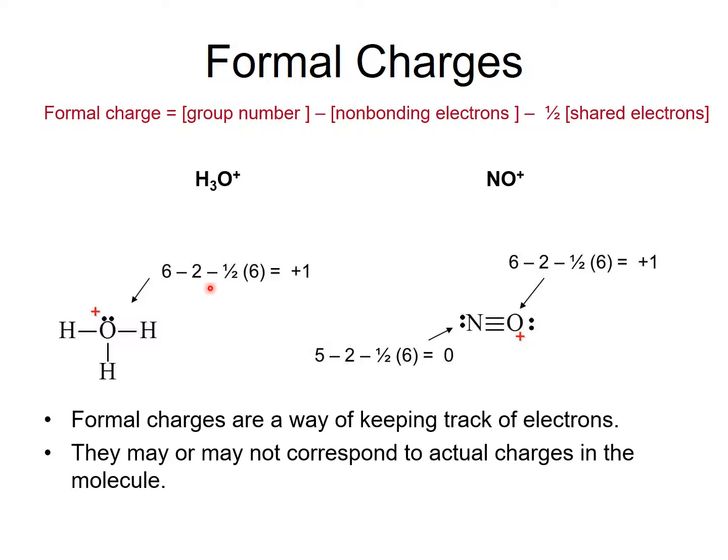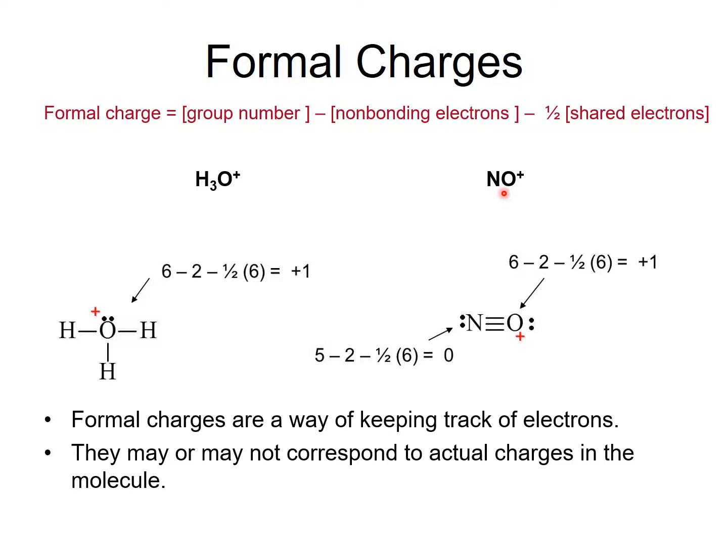And then you subtract off half of the bonding electrons. There's 1, 2, 3, 4, 5, 6. So I take the 6, divide by 2, which gives me 3. So 6 minus 2 minus 3 gives me a grand total of +1. That means the formal charge on that oxygen is +1. Is the formal charge actually experimentally located on the oxygen? Not necessarily, but you write it like that when you write out the Lewis dot structure.